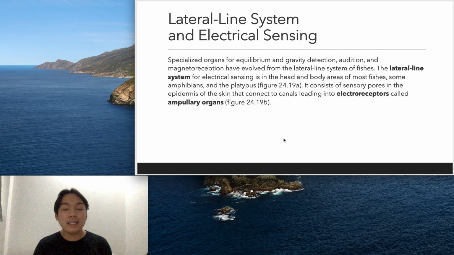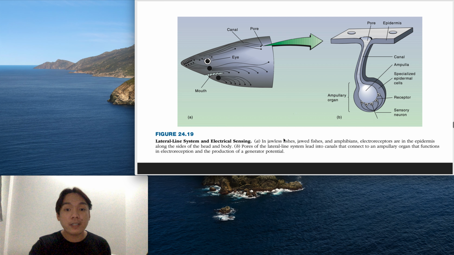So we have the lateral line system and electrical sensing for most fishes, amphibians, and the platypus. We have sensory pores in the epidermis of your skin connecting to canals, leading to the electroreceptors, also called the ampullary organs.